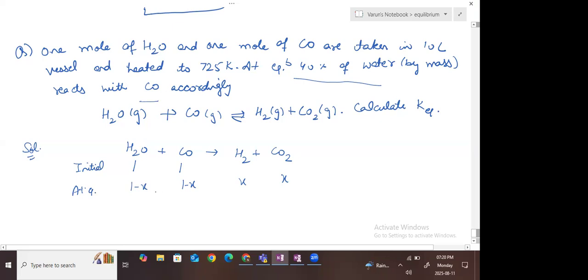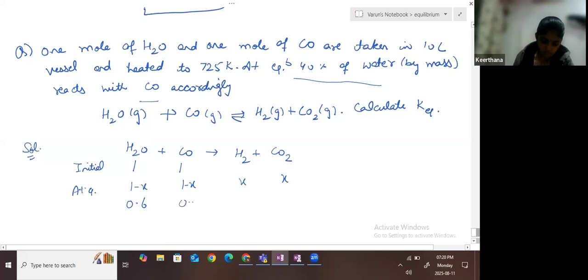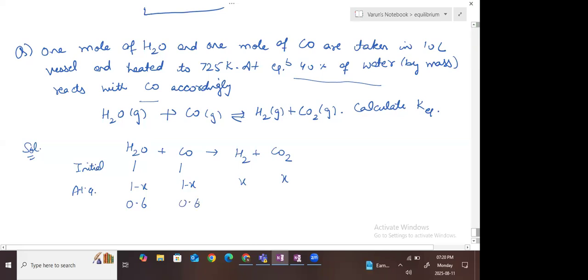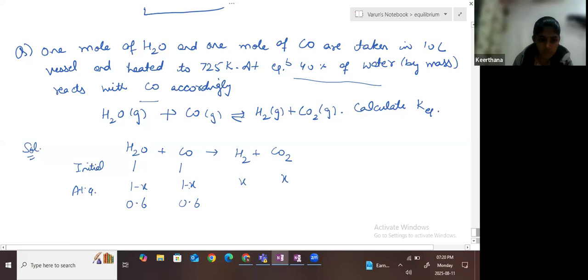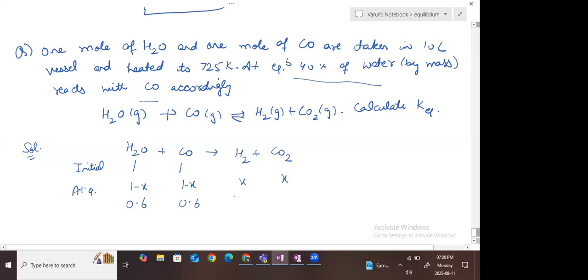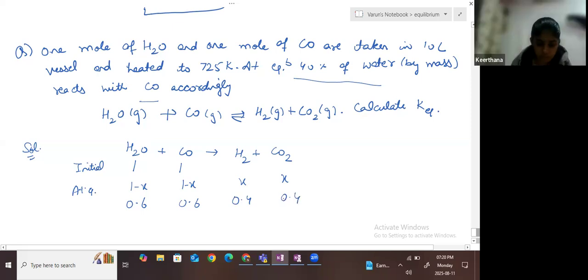So at equilibrium, this is my 60%, and this is again 60%. And if 40% is reacting, then 40% is forming these products. Clear?